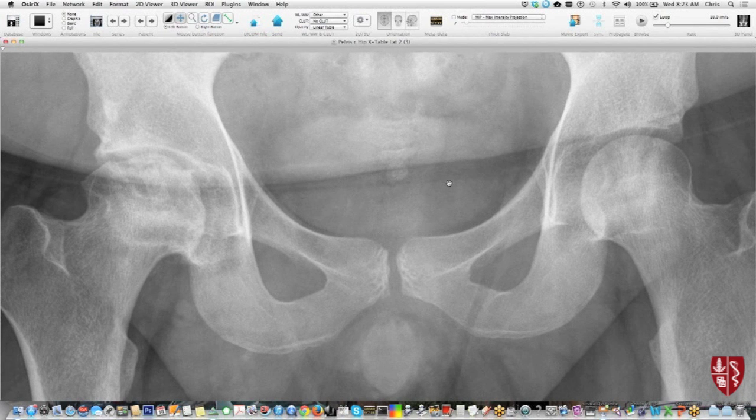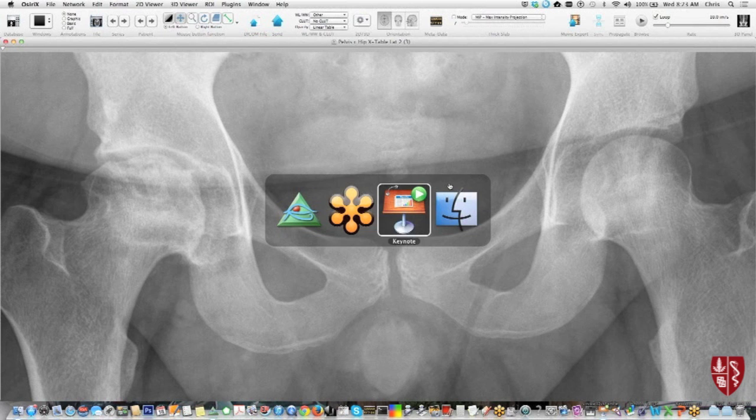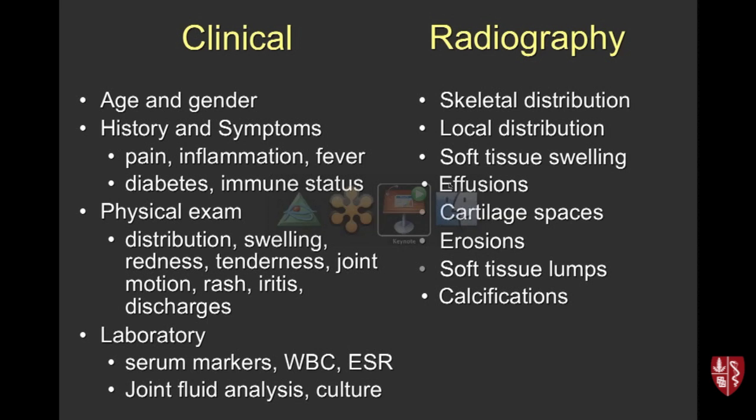Okay, so let me go back to the slide that I started out with here and re-emphasize that there's the clinical world, which we can tap into a little bit with EPIC if we can find notes on patients. The important thing for arthritis, the more we know about that, the better we're going to be as far as accuracy.